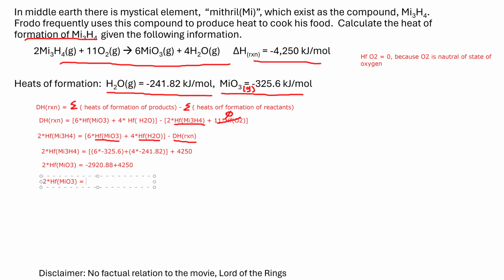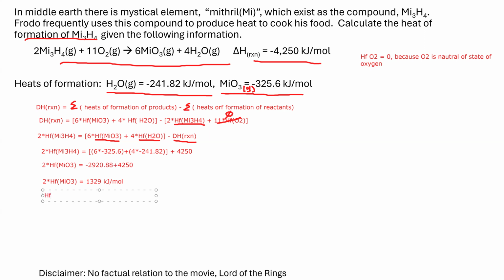And we get a positive 1329 kilojoules of heat. Now we need the heat of formation of Mi3H4, so we've got to get rid of this 2.